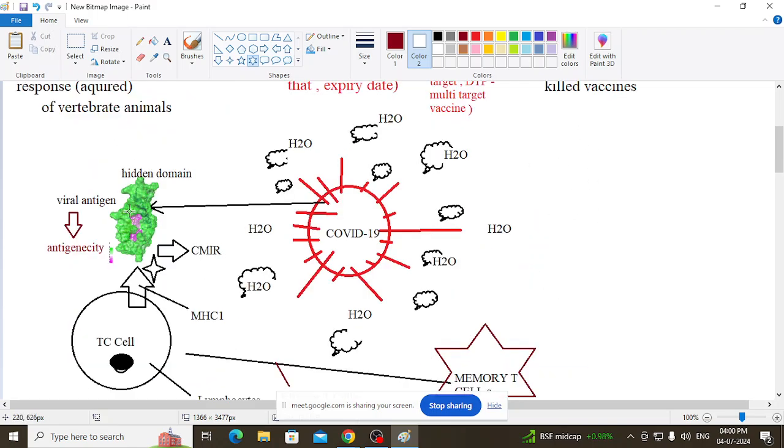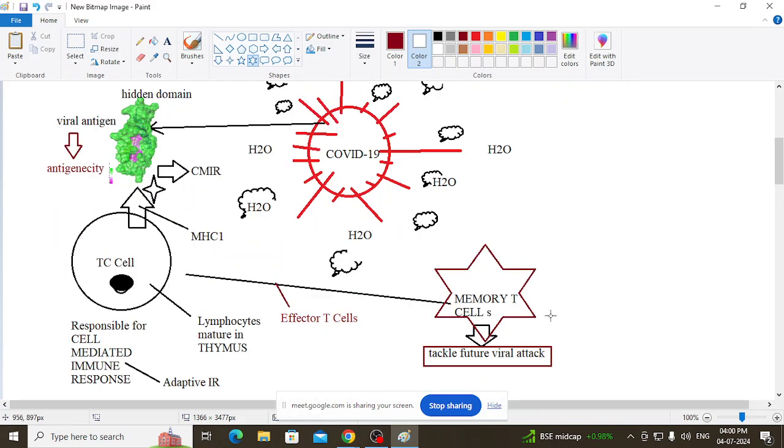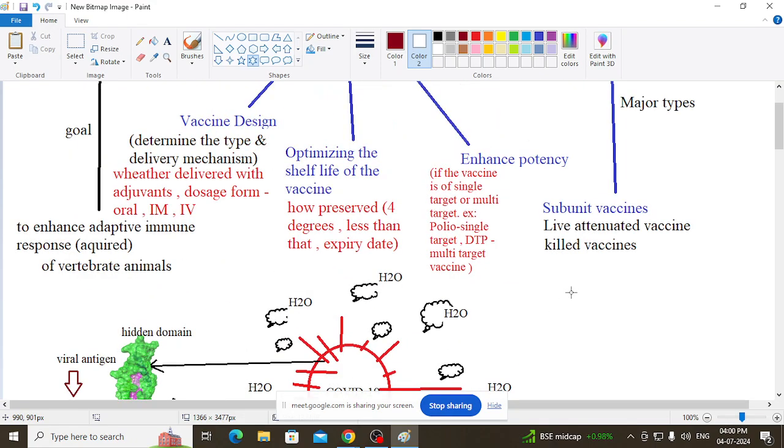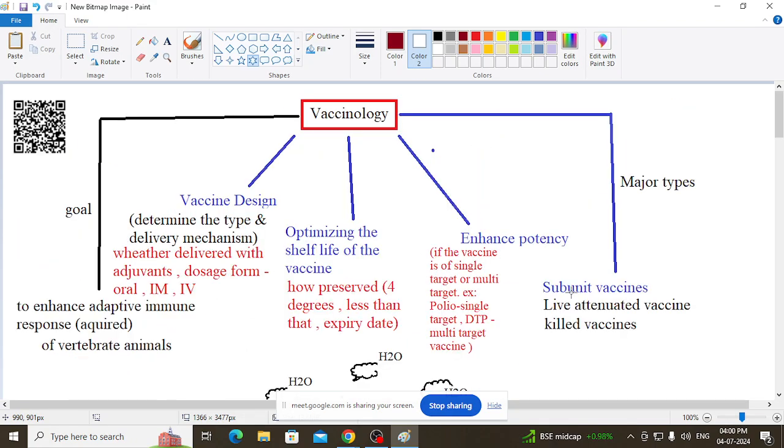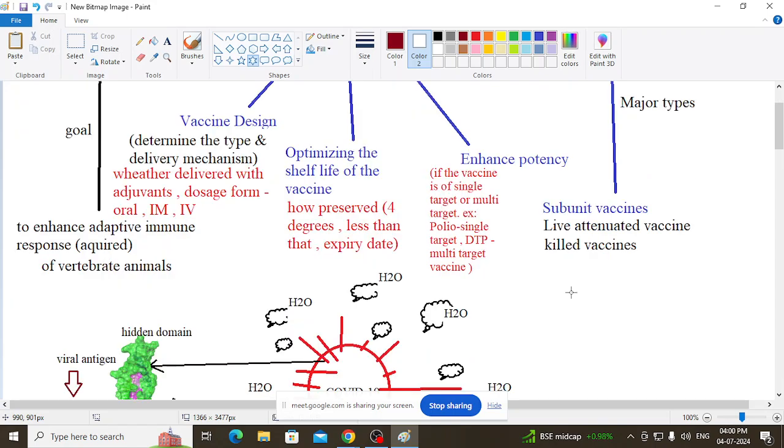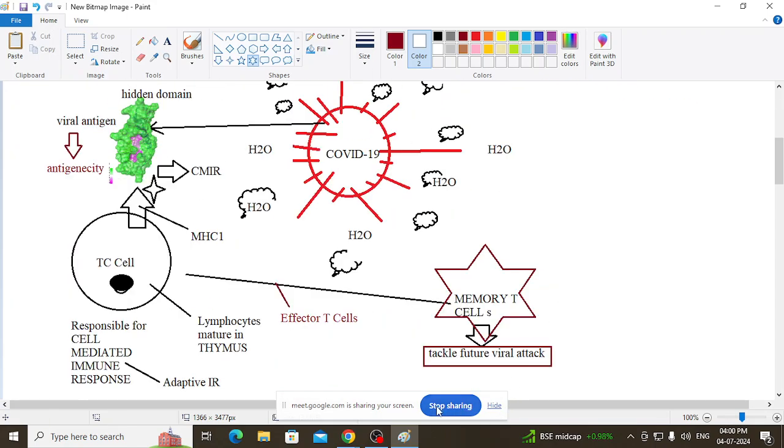That means this particular protein, which is a hidden domain, can only be a vaccine if it is able to elicit memory T lymphocyte production. Then only, in future viral attacks, will it have the potency to tackle the whole infection episode. So this is the very basic understanding of how vaccines work.